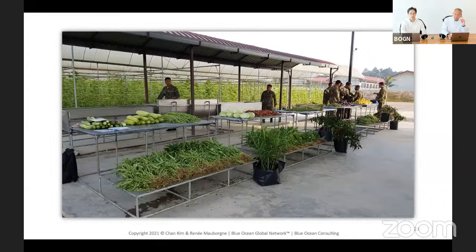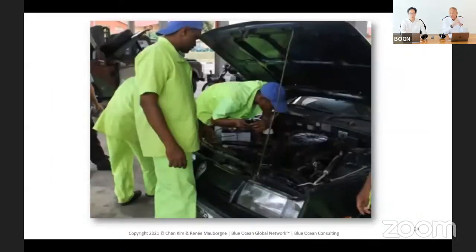And this has to be done across another industry, the agricultural industry. How do we collaborate with the agricultural industry to make this happen? We also collaborate with vocational training schools. When they're in the military camp, they can service vehicles, learn how to become a vehicle mechanic, things like that.